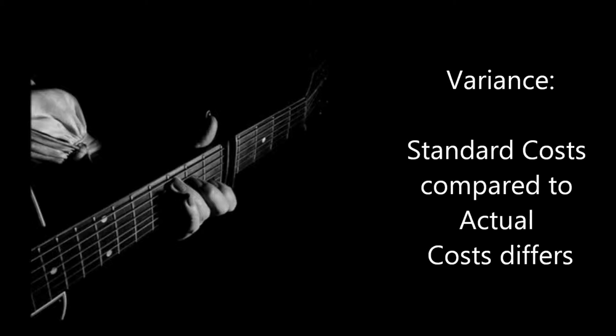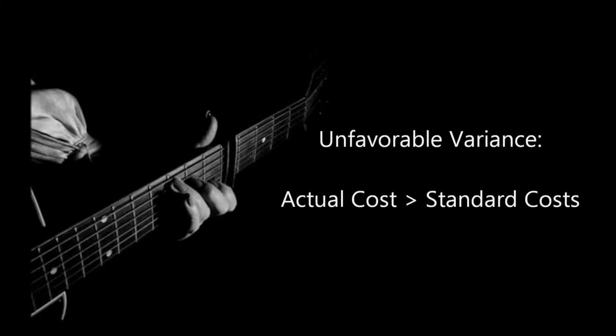And now I will be explaining the interpretation and possible interaction between the important variances and how they were calculated by the standard costing. Again, a variance arises when standard cost compared to actual costs differs. If actual costs are greater than standard costs, the variance is unfavorable.